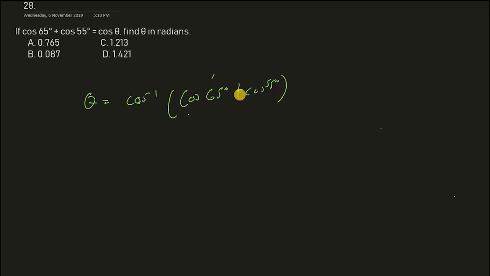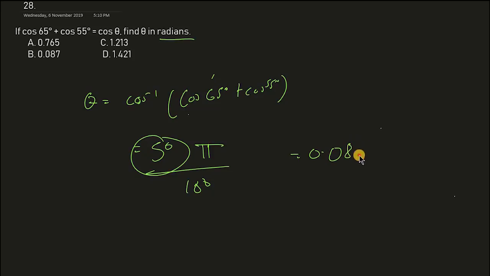So, using our calculator, shift cosine, cos 65 plus cosine 55 is equal to 5. 5 degrees siya. Pero sabi kasi, radians. So, let's convert that to radians. 5 times pi over 180 using our calculator. 5 times pi divided by 180 is equal to 0.0872 and that's basically malapit yan dito B. So B is our final answer.